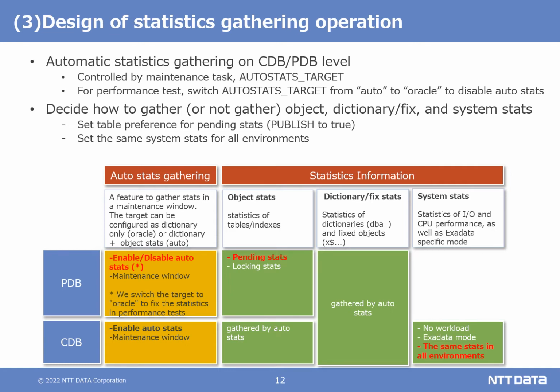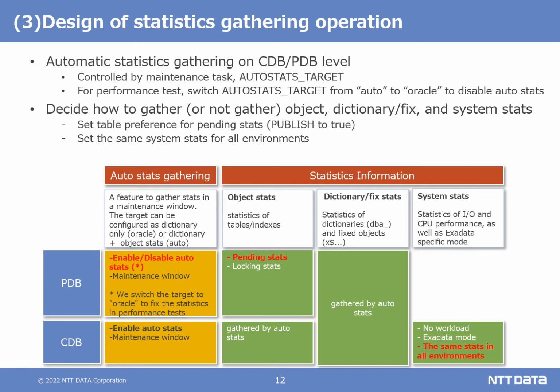They exist only in the CDB. In addition to statistics information, there is an automatic statistics gathering feature. The feature can be controlled in CDB and PDB independently by the maintenance task and the AUTOSTATS_TARGET preference.